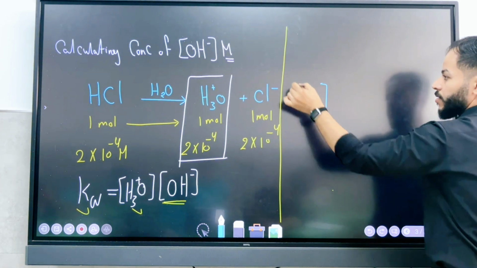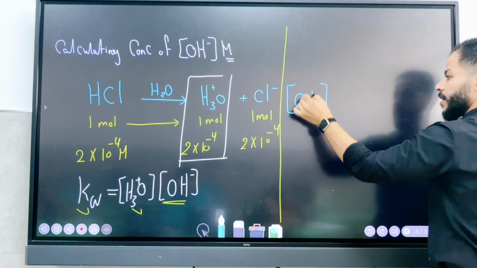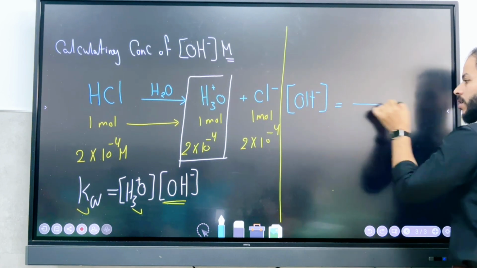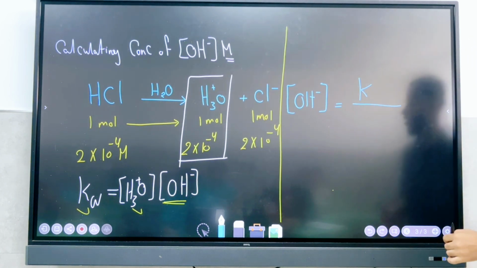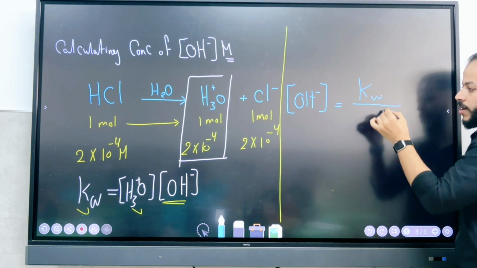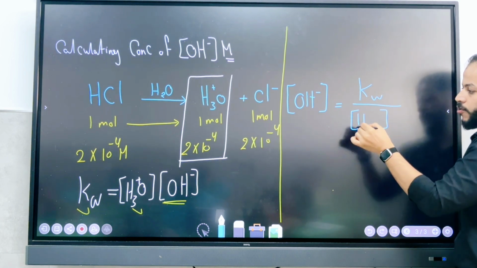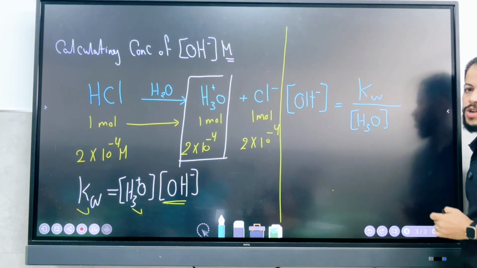The concentration of the hydroxide ion is equal to the ionization constant of the water over the concentration of the hydronium ion from the dissociation equation.